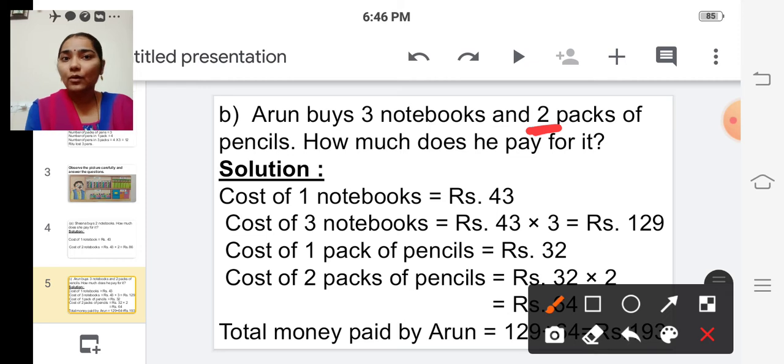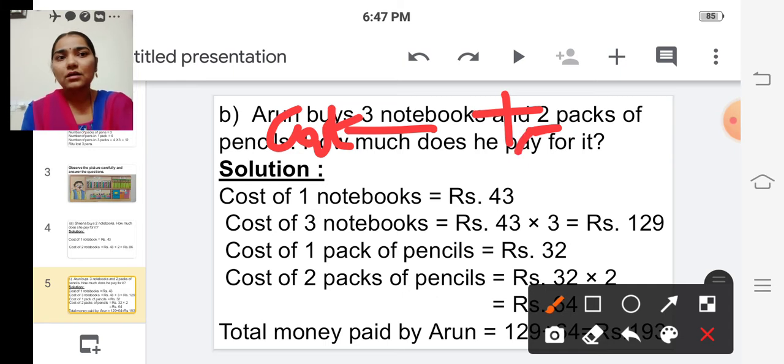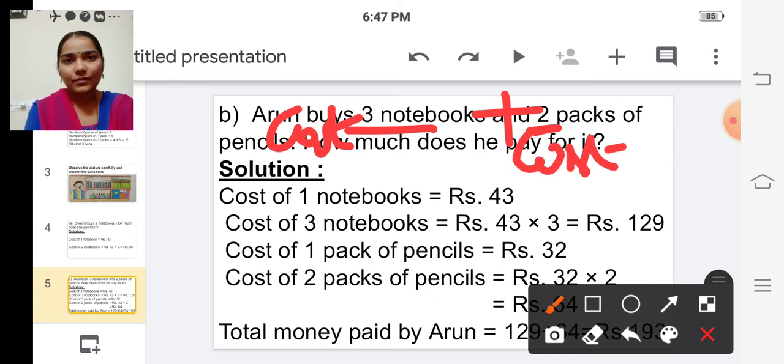Arun buys both, isn't it? 3 notebooks and 2 packs of pencils. So we have to add the cost of 3 notebooks and 2 packs of pencils. The last step, we have to add the cost of 3 notebooks plus cost of 2 packs of pencils.